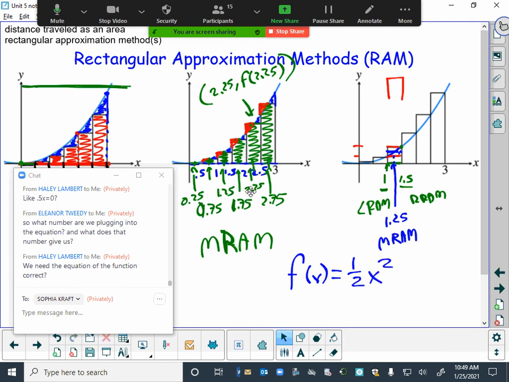And so if we know what it is, then we can plug the number into that function and come up with a height. If we don't have a function, we would at least have to have some data table that tells us what the outputs were for particular inputs. Our y-axis isn't even marked here, so we have no idea what this function is, other than we're pretty confident that it looks quadratic.